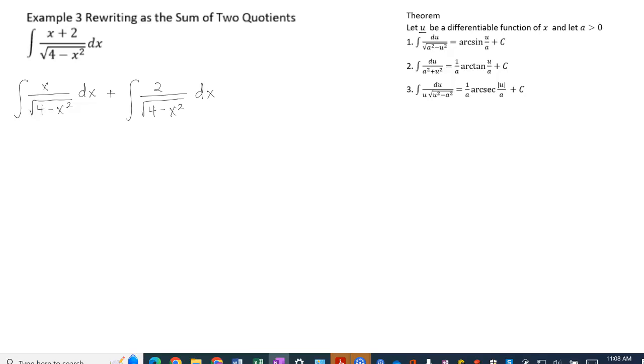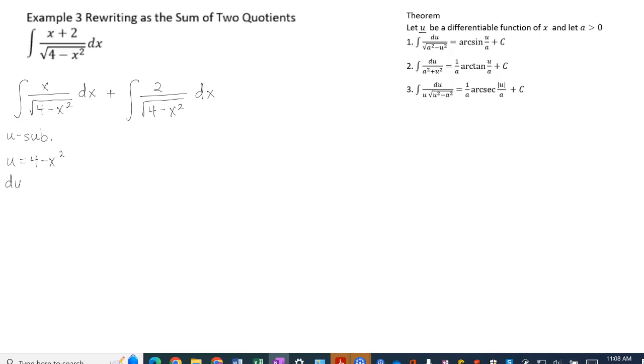Now, the first integral, looking at what's inside the square root, we have 4 minus x squared, and then in the numerator we only have an x. That suggests that we should be able to evaluate the first integral using a simple u sub from Calc 1, since the u that would show up in the denominator has an exponent of 2.